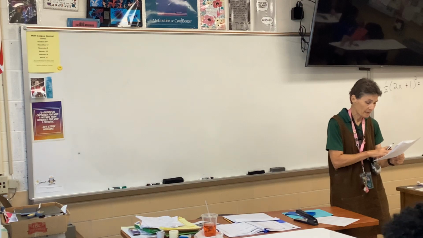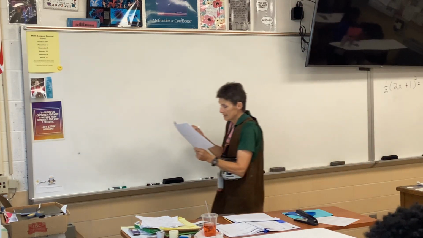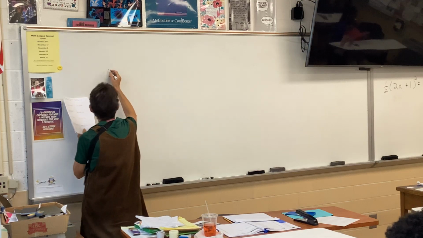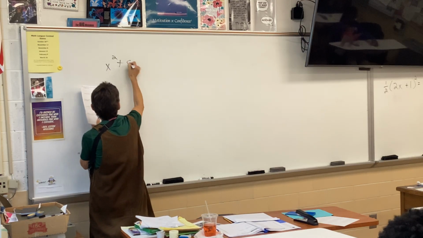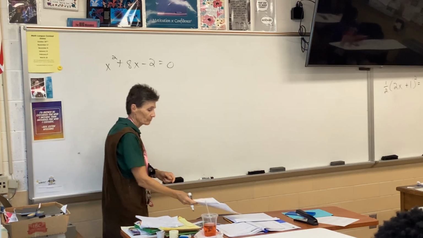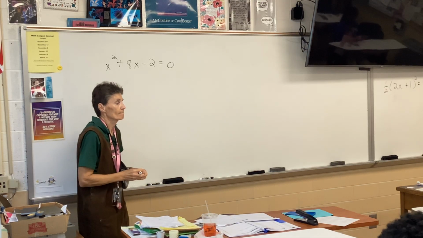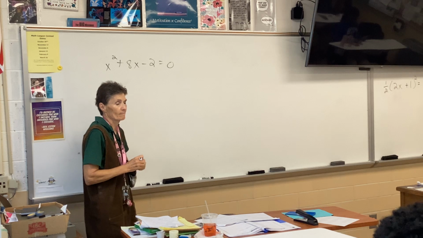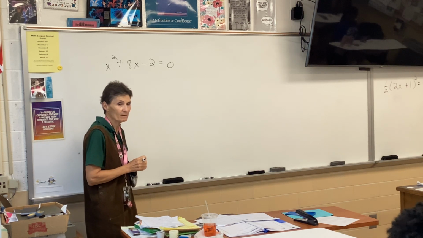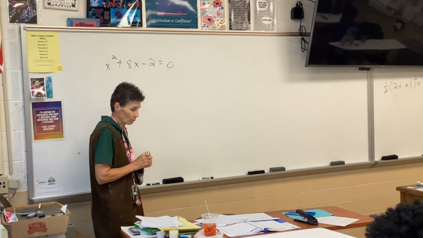We did 3A yesterday. And now we're going to finish up P3 and then we'll go back to the graphing calculator part. All right, we have x squared plus 8x minus 2 equals 0, in our notes, P5, number 3B.